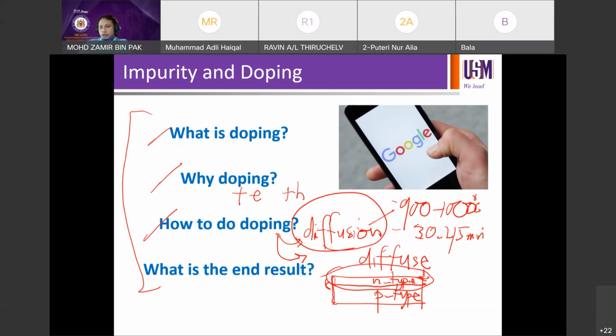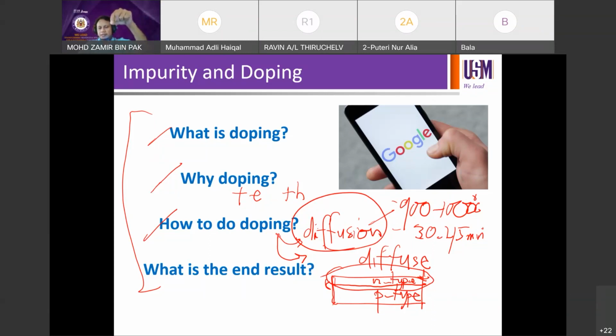But we can also do, say, by what you said, Zuki, you can also incorporate a small amount of dopants into solution, and then you can do a chemical bath deposition on your silicon wafer or on some other materials. You can also, say, have a precursor of phosphorus.